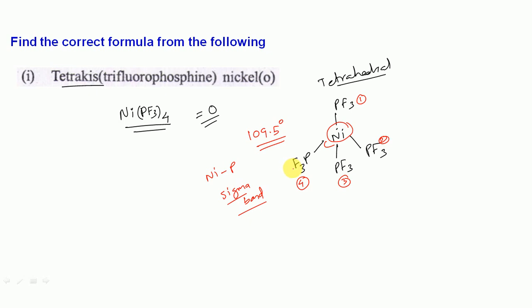Sigma bonding: each PF3 is connected to the nickel atom through the sigma bond formed between the phosphorus atom of the PF3 and the nickel atom. And this complex is diamagnetic, which means nickel is in the low spin state, so electrons are paired.